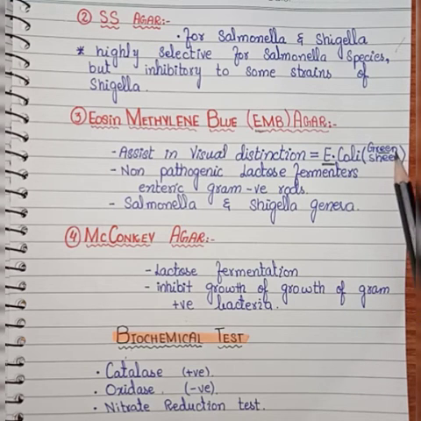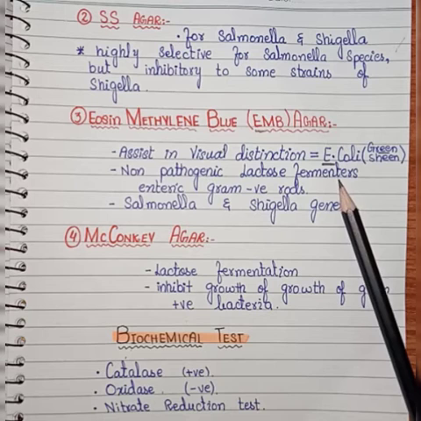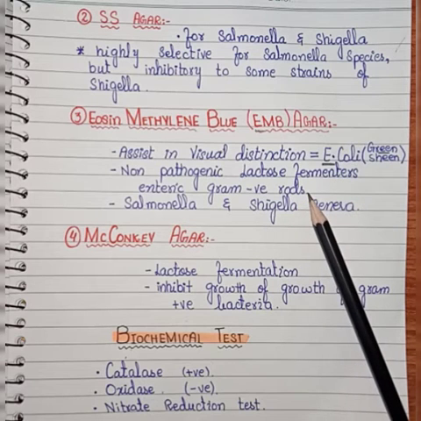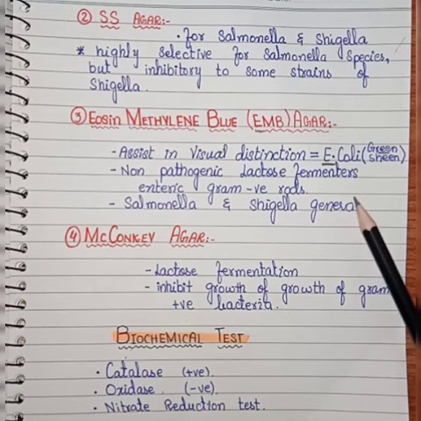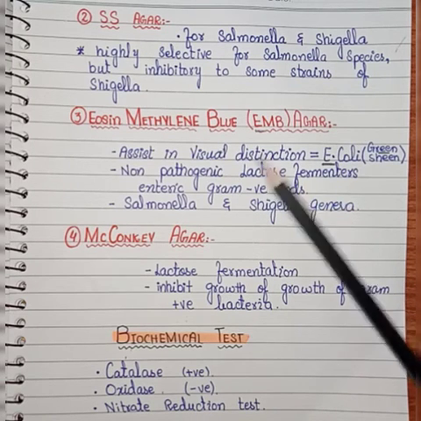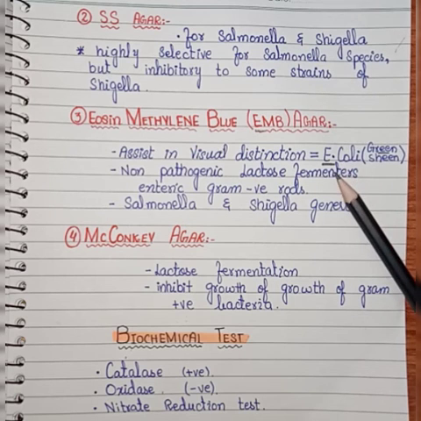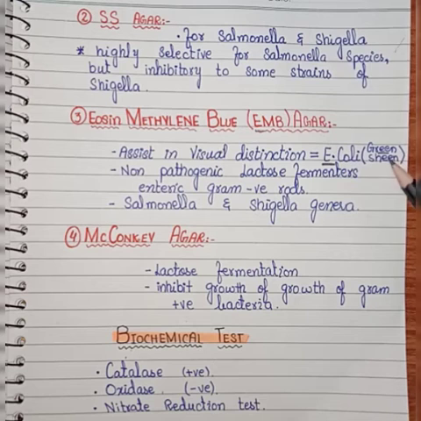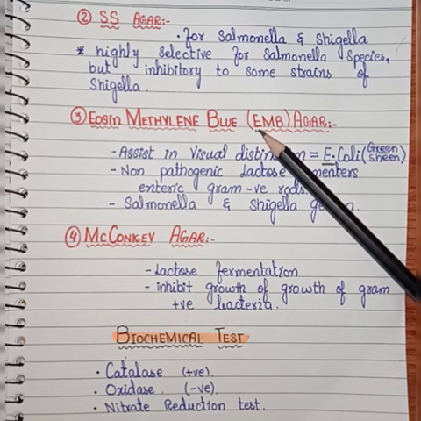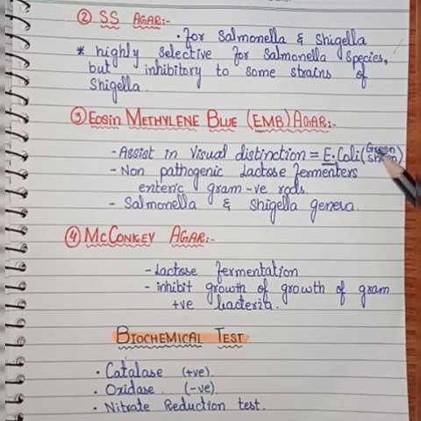It can also be used for non-pathogenic lactose fermenters, enteric gram-negative rods, and also be used for Salmonella and the Shigella genera. But it is specifically used for the visual distinction of E. coli, and on the eosin methylene blue agar, the E. coli colonies are green metallic sheen color.